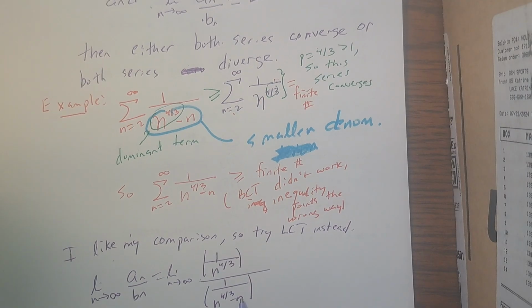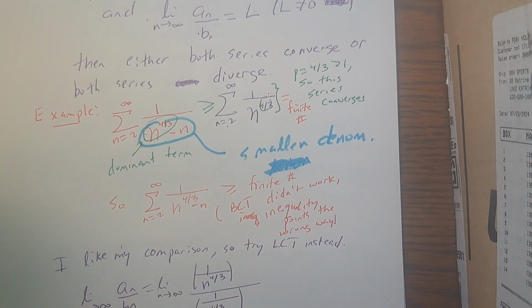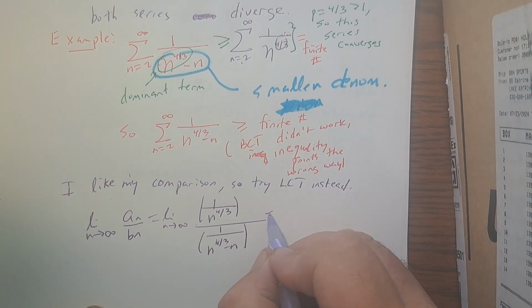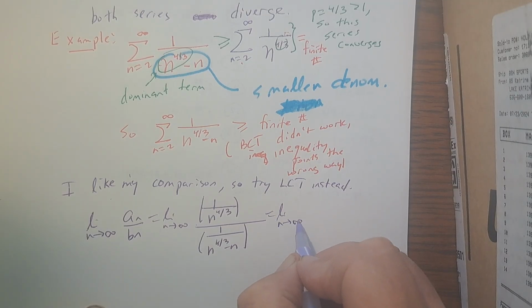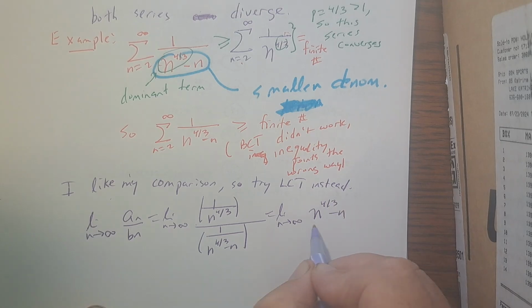By the way, the theorem doesn't care which one's on top and which one's on the bottom, so whichever way you write it down is fine. I'm just going to keep doing the algebra. When you flip that, you get n to the 4/3 minus n all over n to the 4/3.